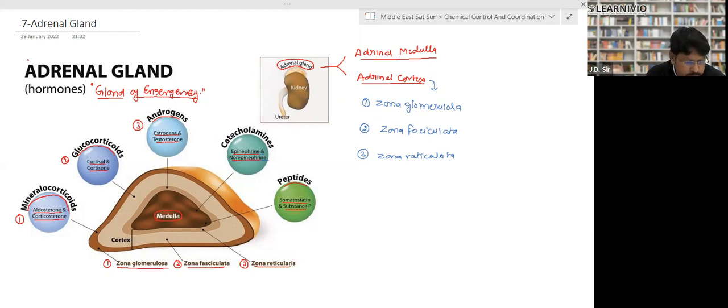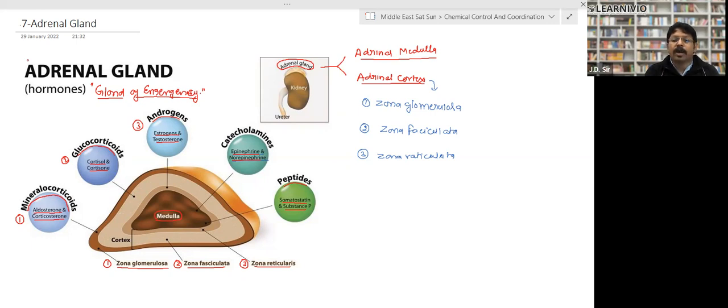Let's stop. The adrenal cortex is further divided into three layers. A. Zona glomerulosa.